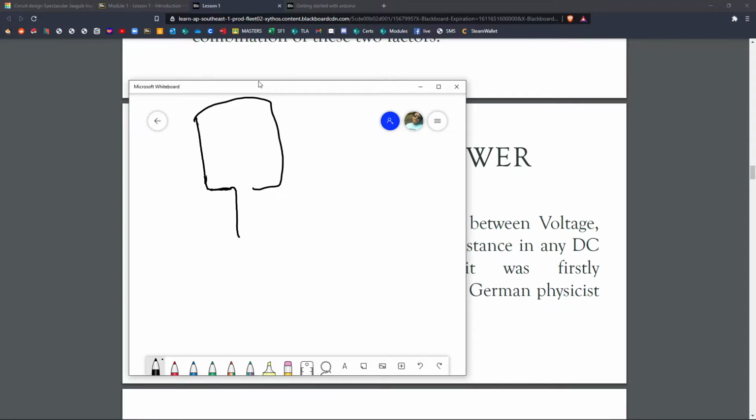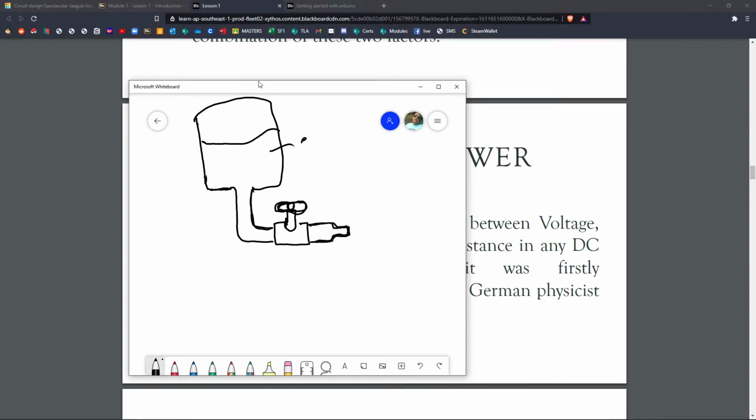So let's see here. This is a tube. Let's say there is water there.